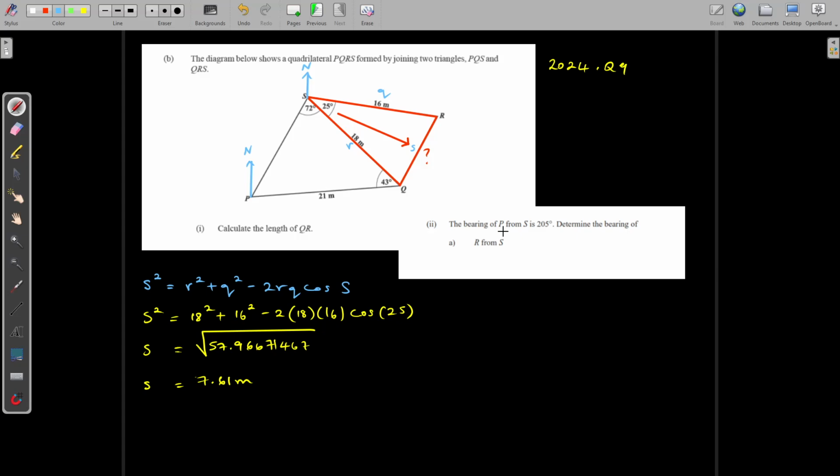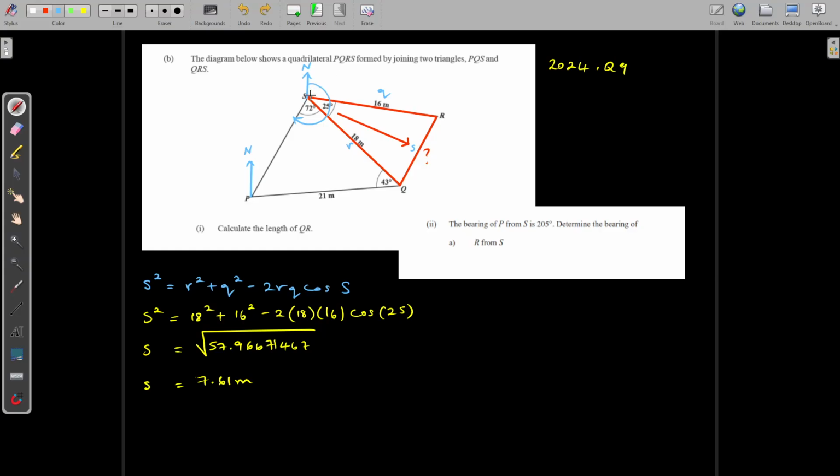They said the bearing of P from S. If we want the bearing of P from S, we have to start at the north line and move in a clockwise direction until we get to the line that connects both points.